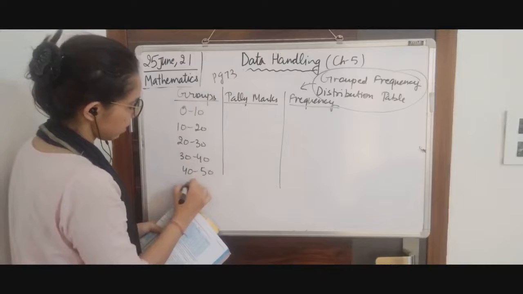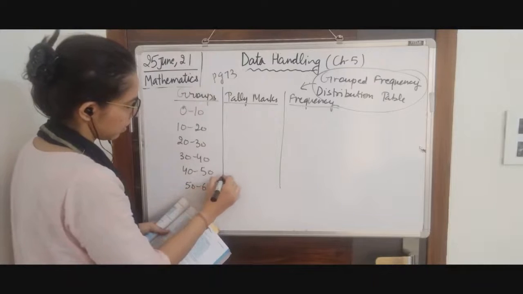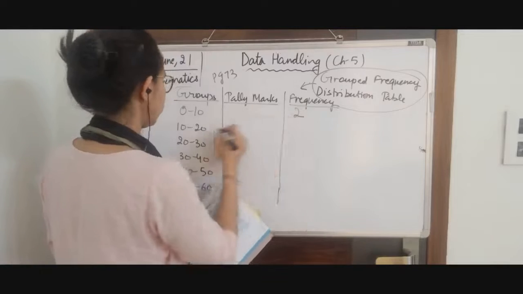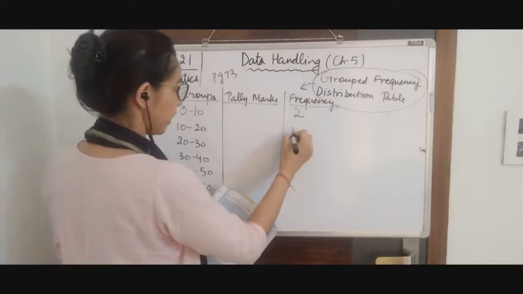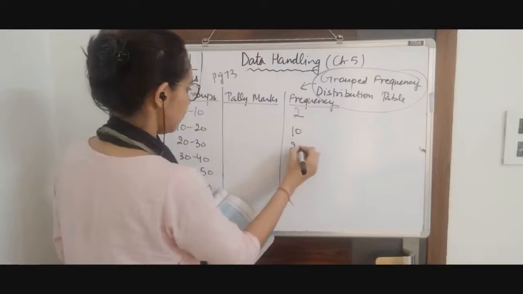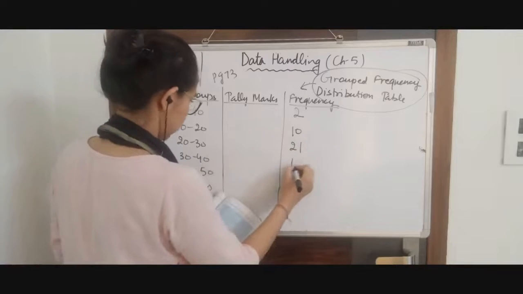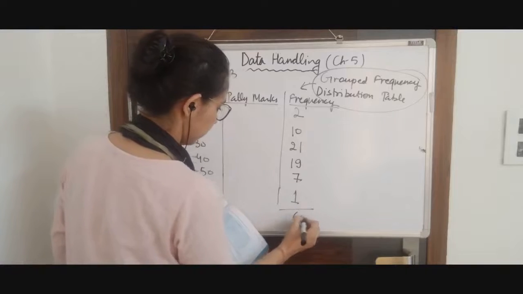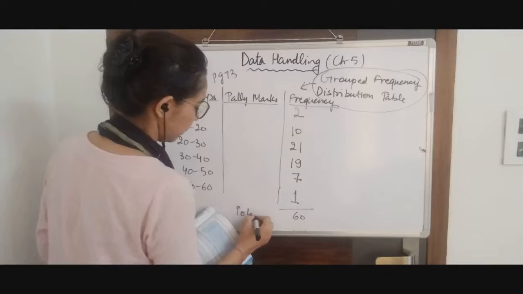Now why are we writing this table? Because we want to understand some terms related to the group frequency distribution table, so we can use that in our exercise. 19, 7 and 1, total is 60. This is given to us.